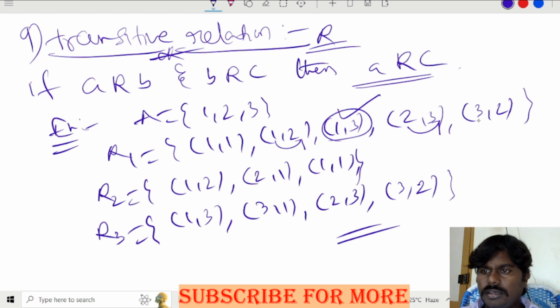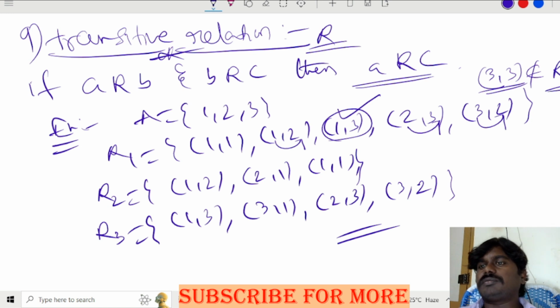Next, 3 is related to 2 and 2 is related to 3, and here 3 is related to 3 does not belong to R1. Okay, so R1 is not a transitive relation. But if you see this R2, 1 is related to 2 is related to 1, so 1 is related to 1, that is there.